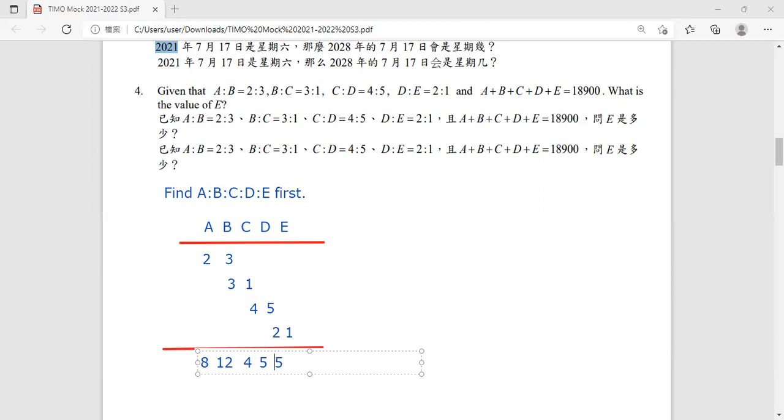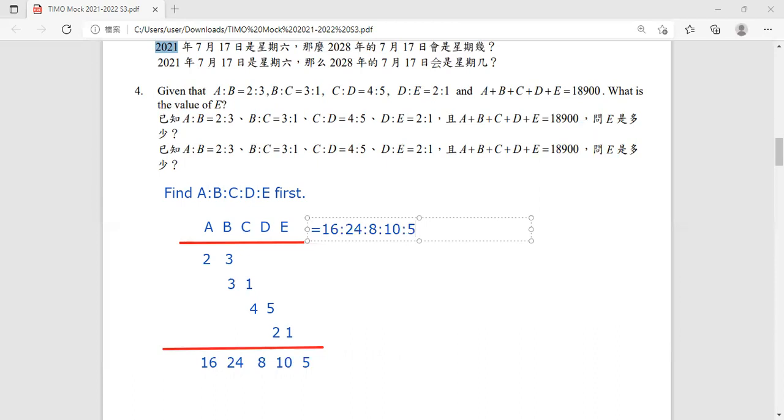So this is 10. This is 8, this is 24, and this is 16. So the final ratio will be 16 to 24 to 8 to 10 to 5.